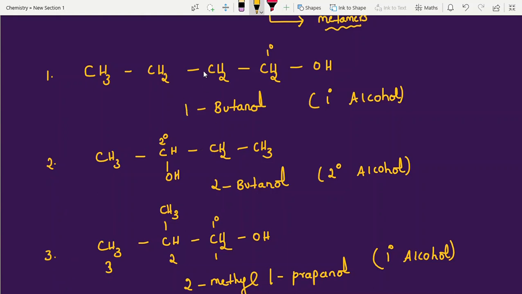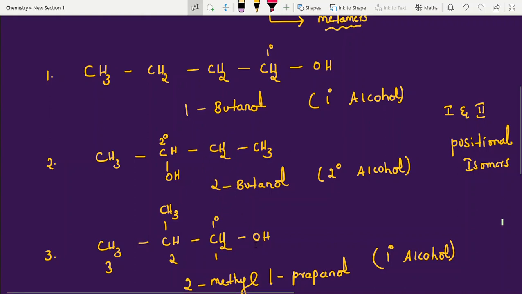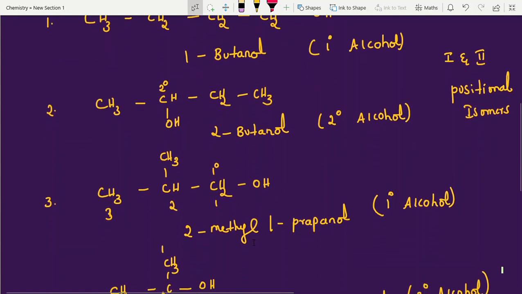Structures 1 and 2, 1-butanol and 2-butanol, are positional isomers. Right? How can you say? The root word is not changing, the chain is not changing. Only the position of the OH group is changing. That's all.